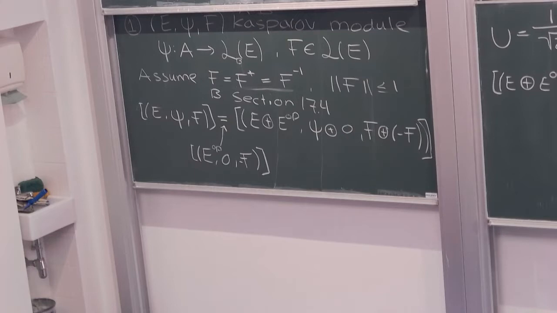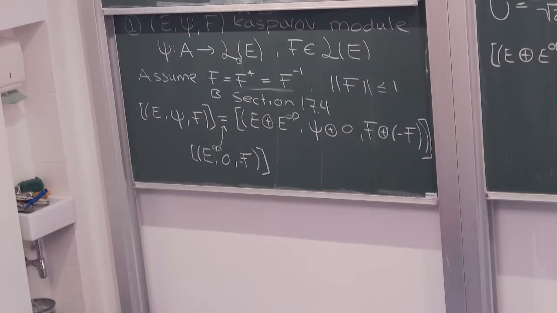So here we would have 0, 1, 1, 0. So if we use unitary equivalence, then we obtain that these two modules are homotopic.